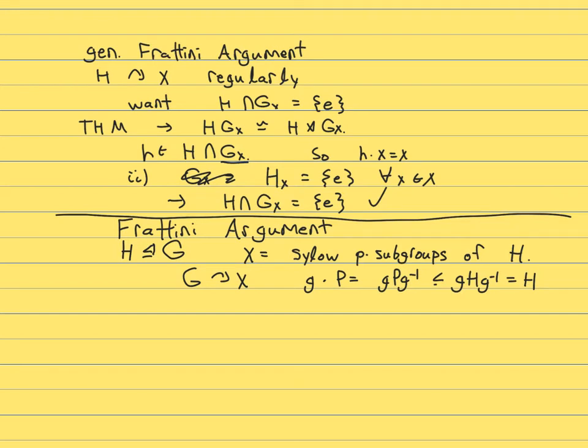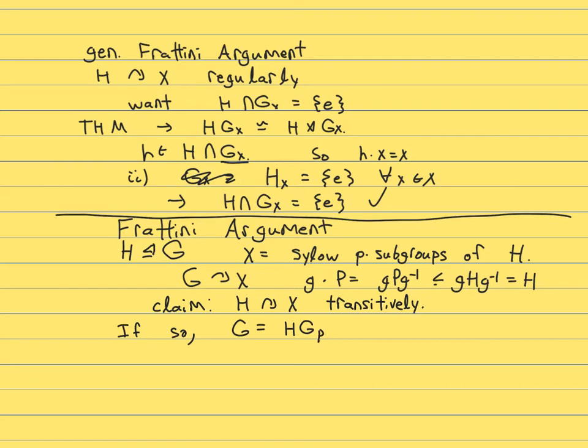Naturally, the action isn't always regular, but it is transitive when you restrict to H. If that's true, then we'd actually have what we need to apply the generalized Frattini argument and say that G is equal to H times the normalizer with respect to this action.